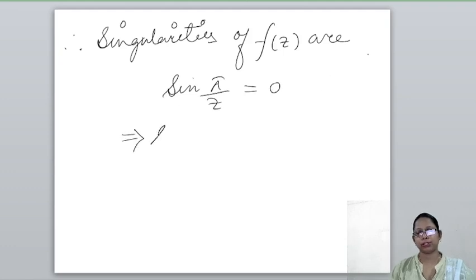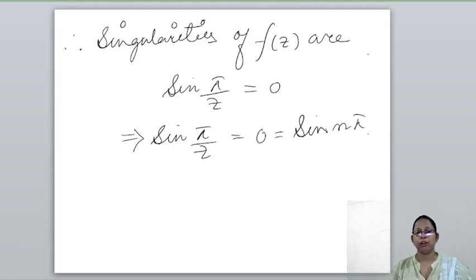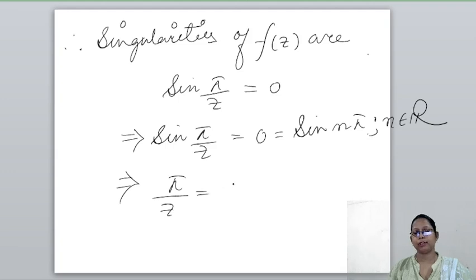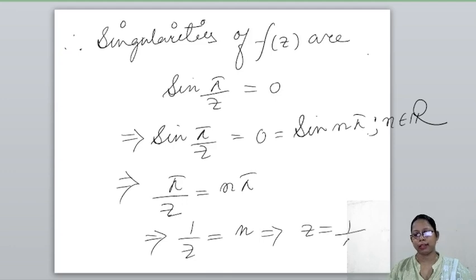We know that sine is 0 at multiples of pi, since it is a periodic function with period n pi, where n is an integer. So pi by z is equal to n pi, which implies 1 by z is equal to n, so z is equal to 1 by n.